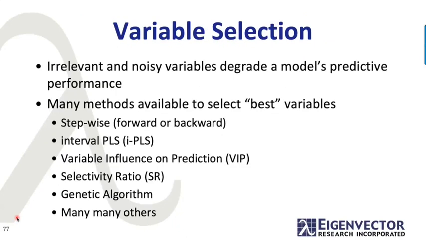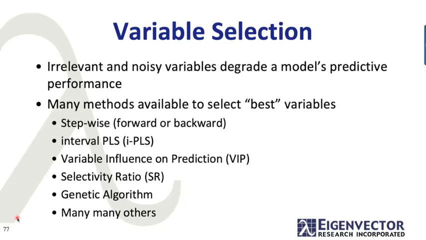And of course, it's also possible to improve models through variable selection. Irrelevant and noisy variables degrade a model's performance. There's a lot of methods available to select the best variables. I put best there in quotes because you're never going to find the best.